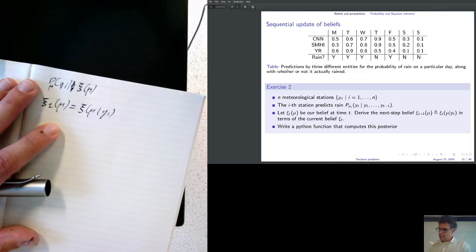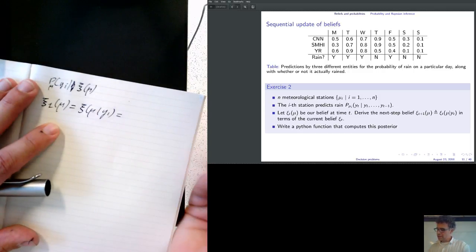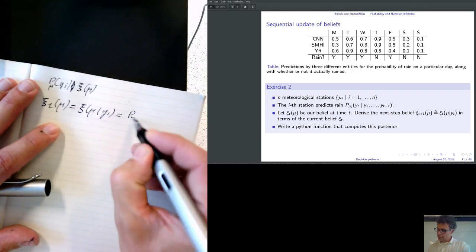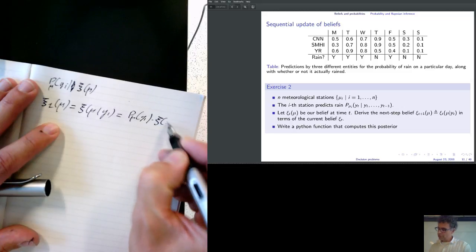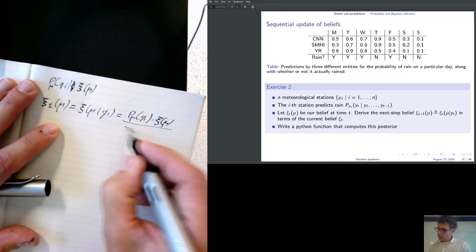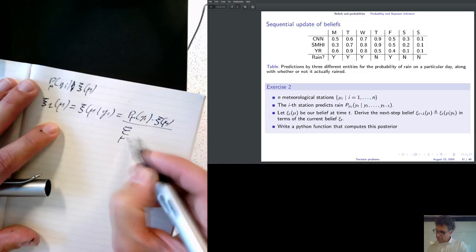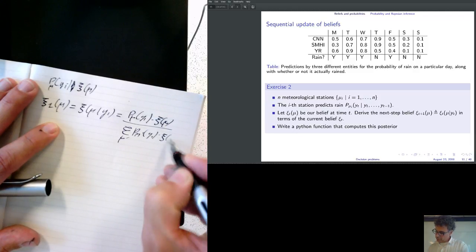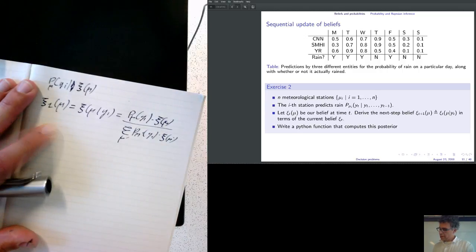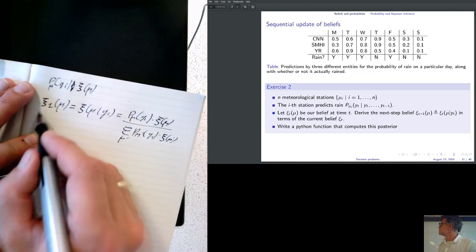That's basically the probability that it rained according to the first station times the probability that the station was correct, summed over all the other stations. This gives you your first time step estimate.